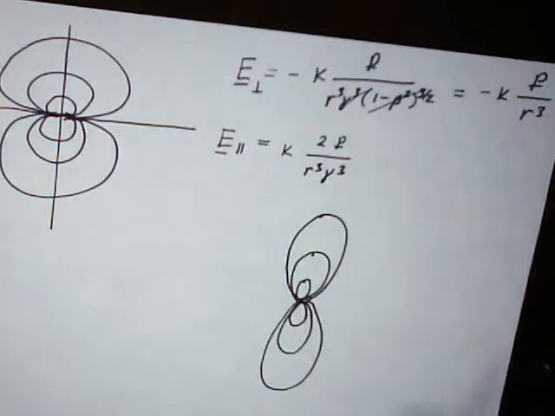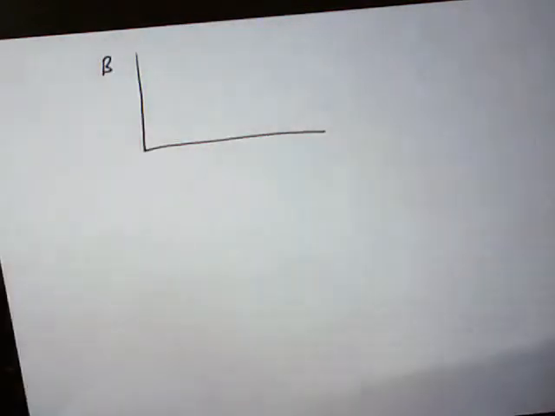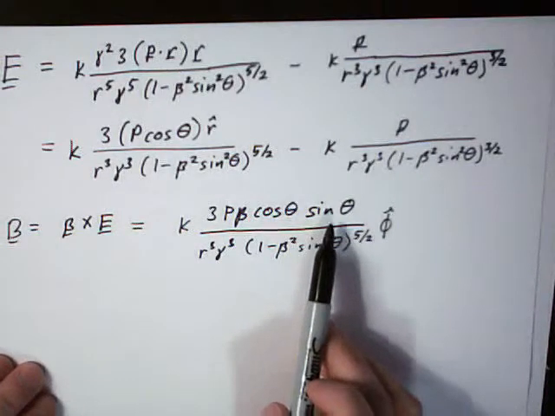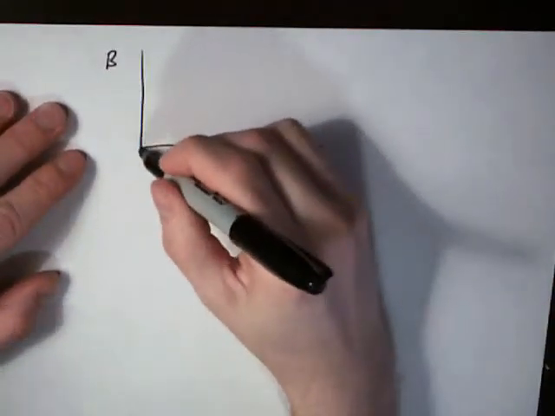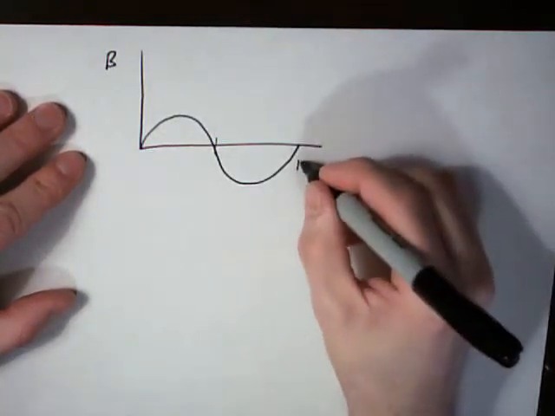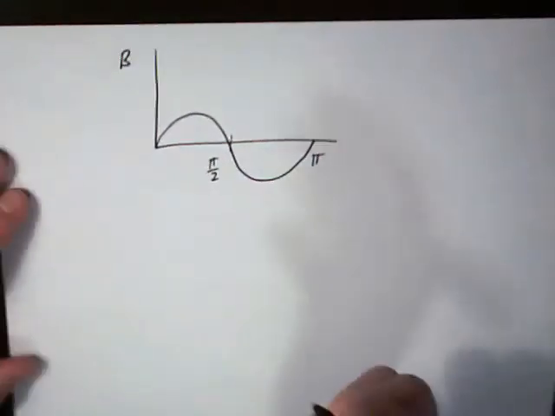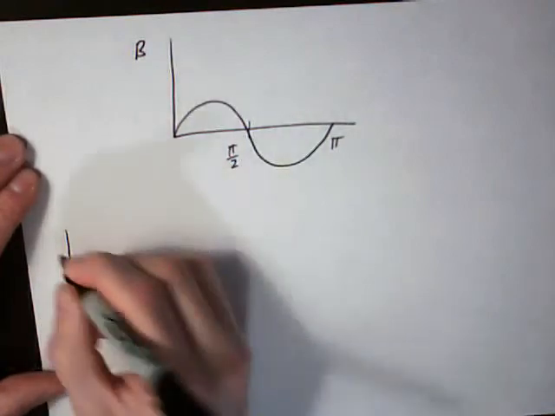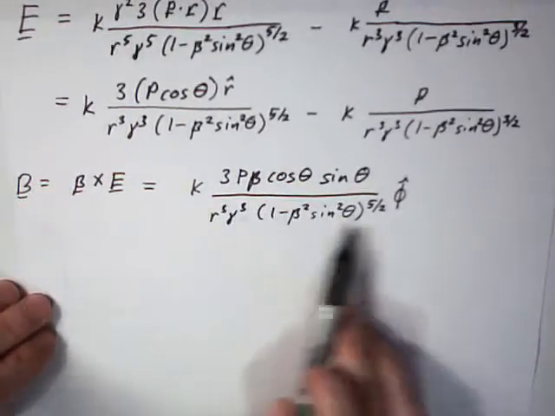Now I want to know what's happening to the magnetic field. Before, I plotted sine times cosine, right? Because in my formula here, the old one only had sine times cosine on the top at slow velocities, which looks something like this. So the question is, what happens as I approach the speed of light? And you can plot this in a calculator, right? You just add in this factor downstairs, right?